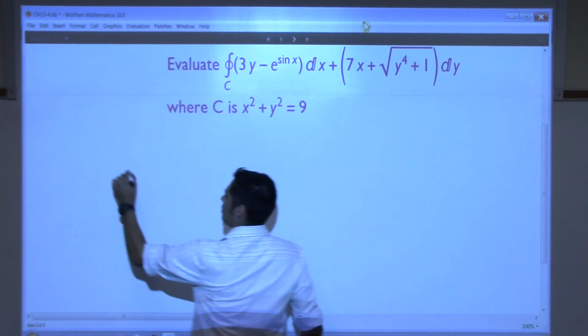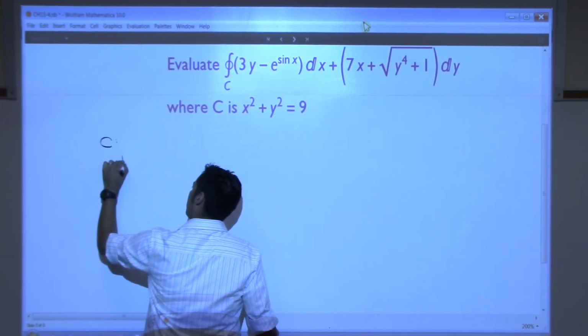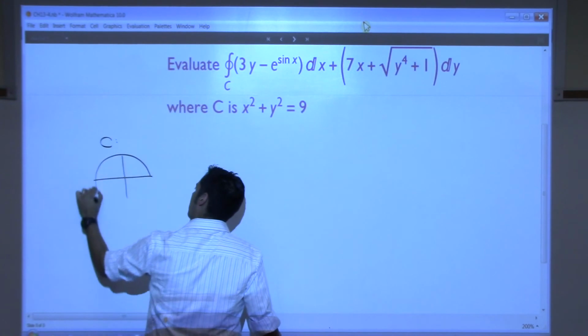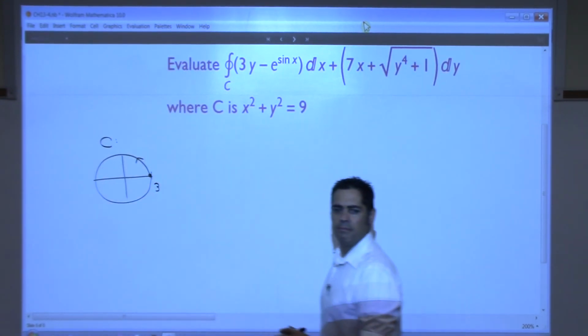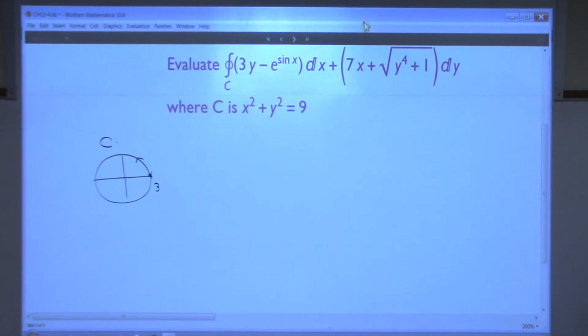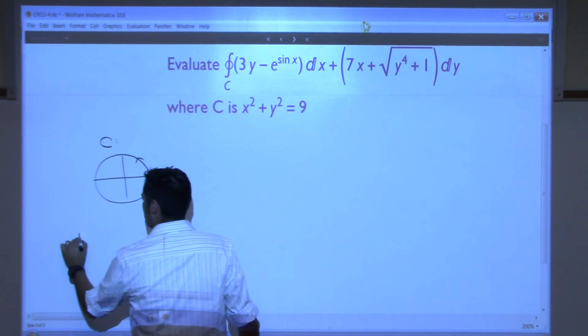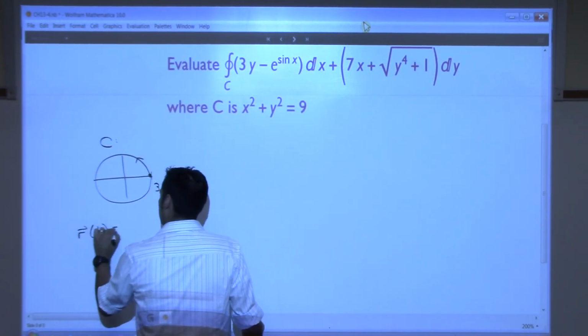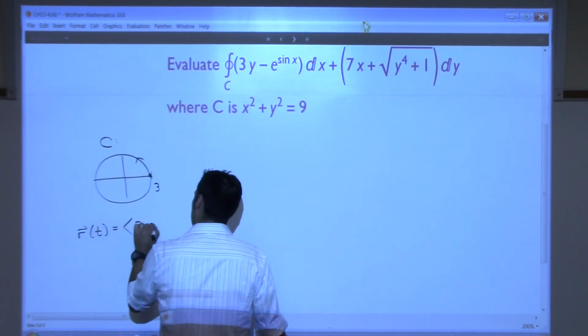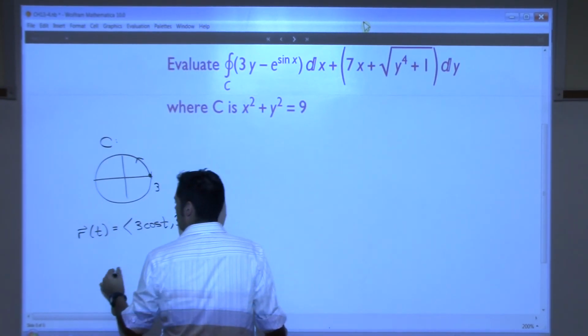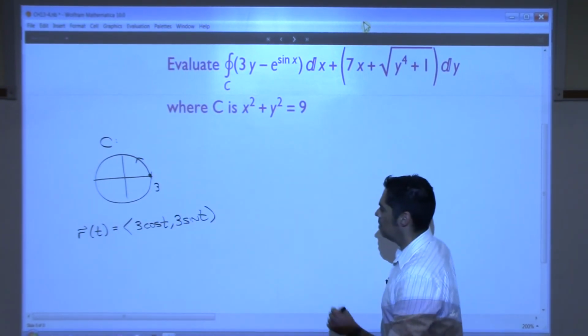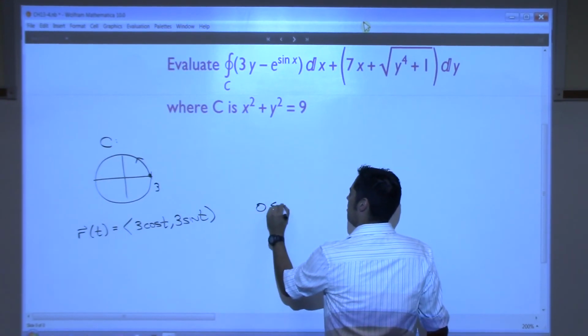So let me draw C real quick. It's closed, right? It's positively oriented. Well, I can draw it positively oriented. To do that, I need to come up with my vector curve, which would be almost the same as what we just had, but 3 cosine t, 3 sine t, and t is going to vary between 0 and 2 pi again.